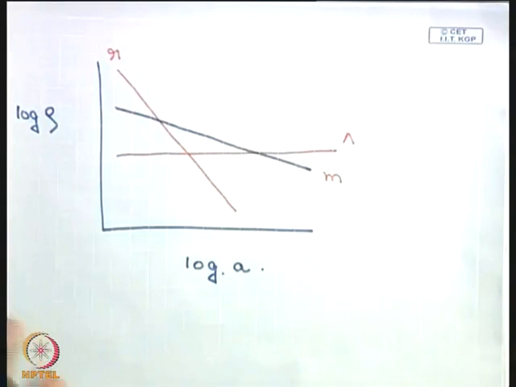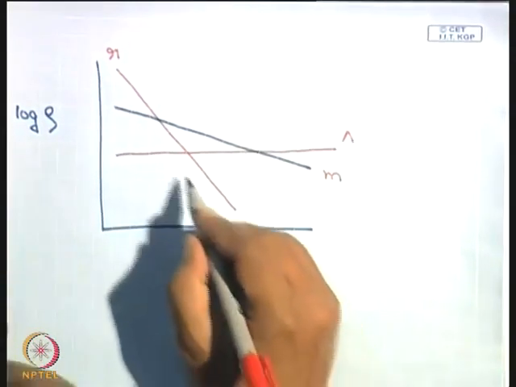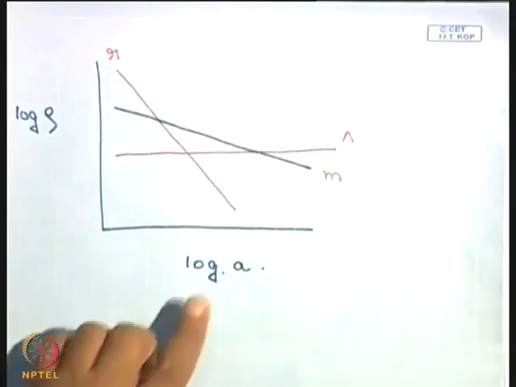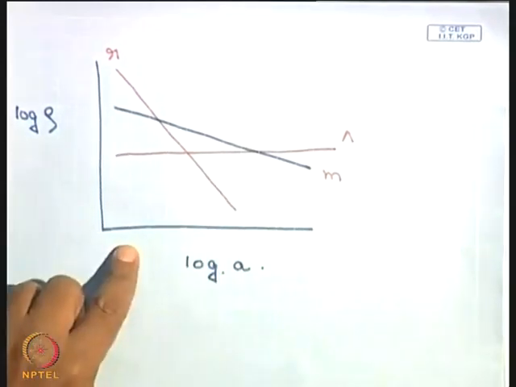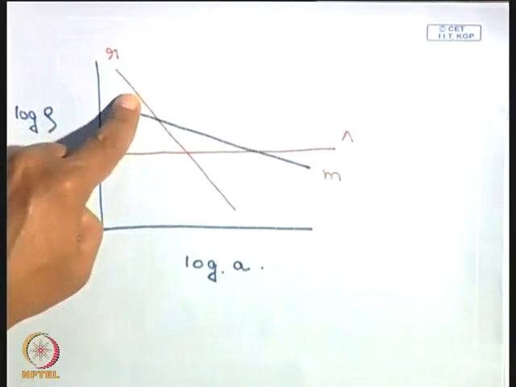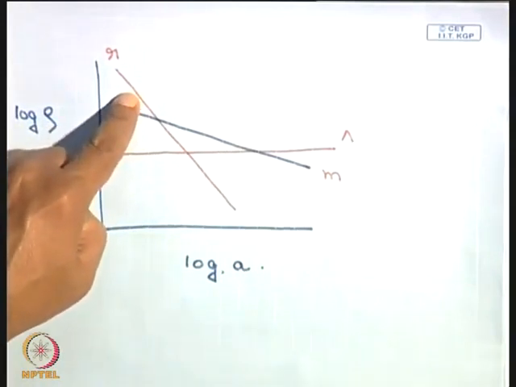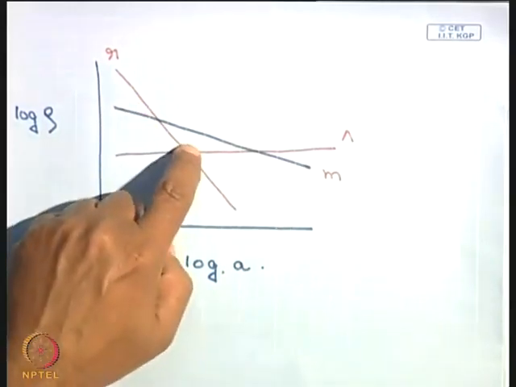So the lesson that we learn from this is that in the early universe, when the scale factor is very small, the universe is going to be dominated by relativistic particles. It is going to be radiation dominated. And then you are going to have a transition to a matter dominated universe.